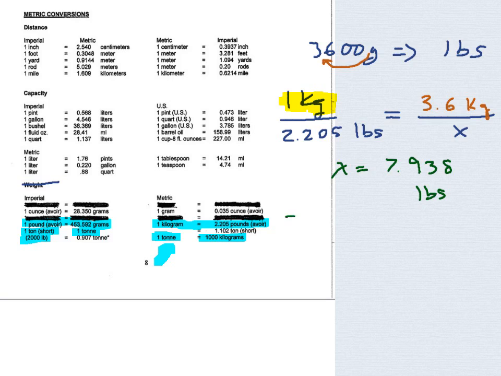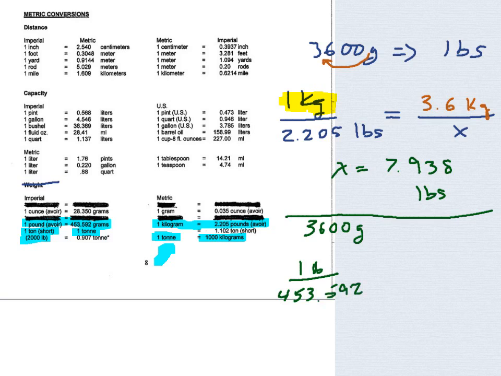If you had chosen to use the other conversion, equally as valid and actually more direct, 3,600 grams, your question, and you're going to use 1 pound, 1 lb is the equivalent to 453.592 grams. So therefore, how many pounds? X would be on the top for 3,600 grams.